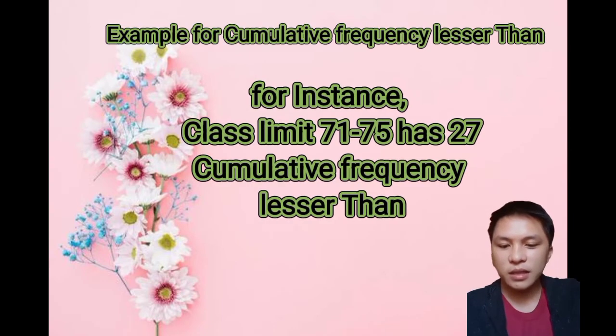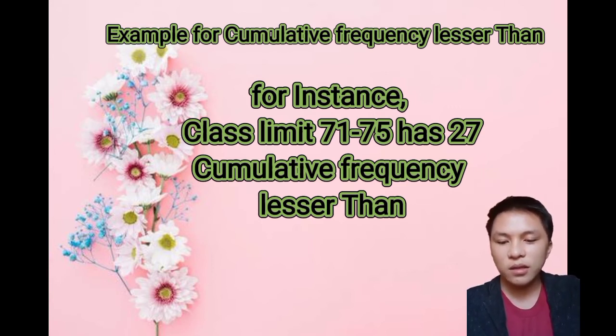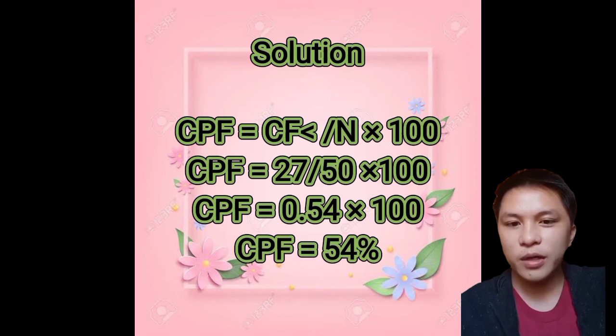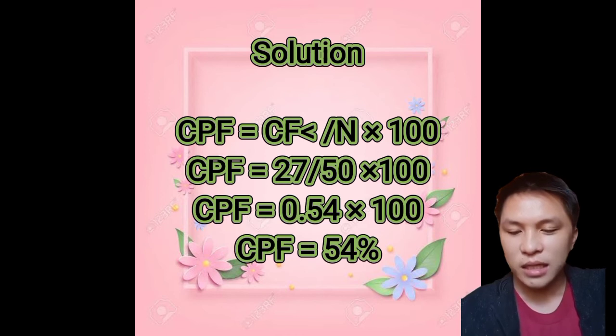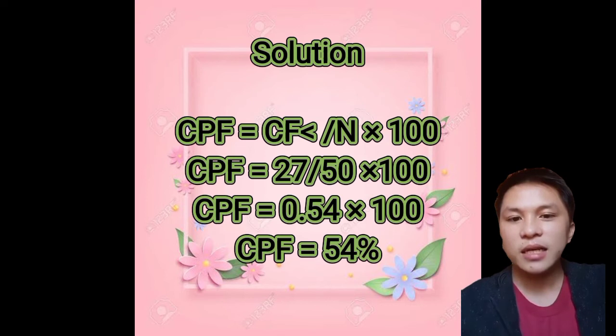Here is an example of cumulative frequency lesser than. Our basis for this example is the table I discussed earlier. For instance, the class limit 71 to 75 has a cumulative frequency lesser than of 27. We use our formula for the cumulative percentage frequency: CPF equals cumulative frequency lesser than over number of cases times 100.